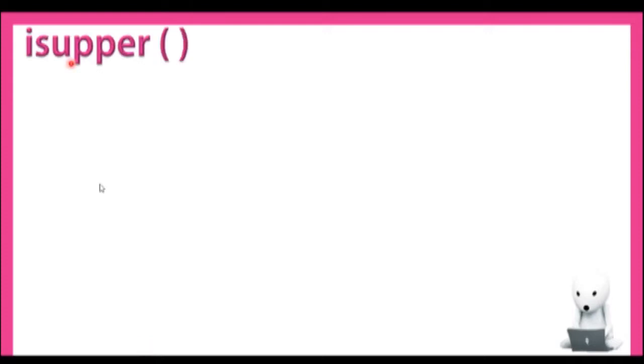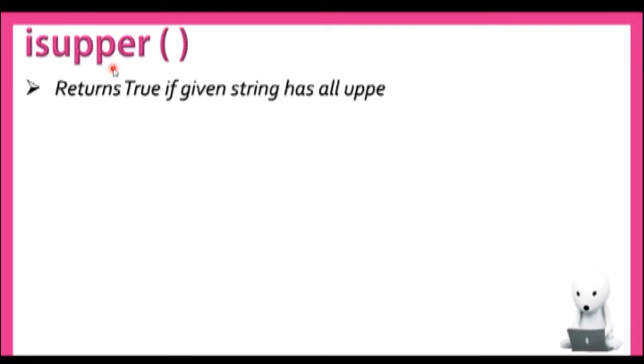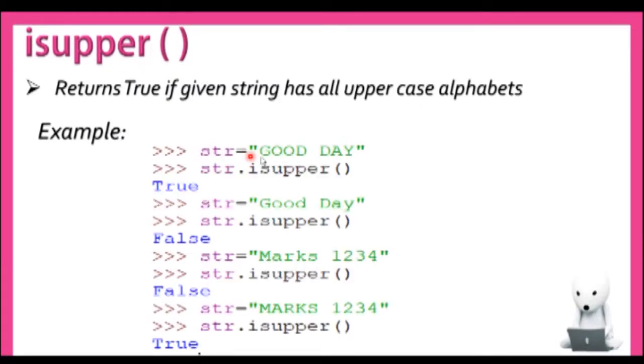Another function is isUpper. Similar to isLower, which checks whether all the characters are in lowercase, isUpper checks whether all the characters are in uppercase. Example, here in str all the characters are in uppercase, so it returns true.